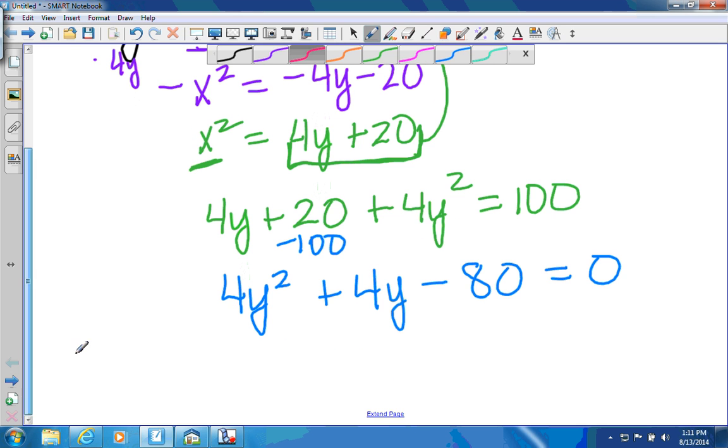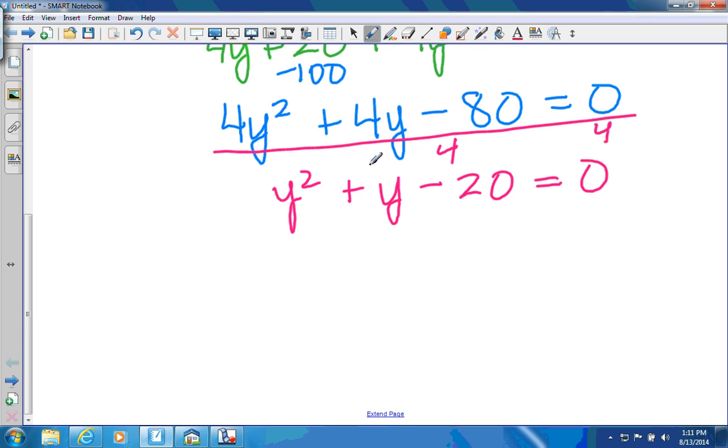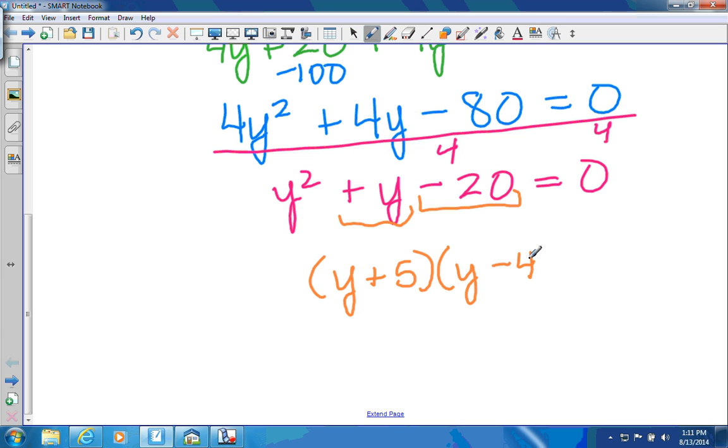You can factor out a 4: y squared plus y minus 20 equals 0. Factoring this, the factors of negative 20 that add up to positive 1 give y plus 5 and y minus 4.